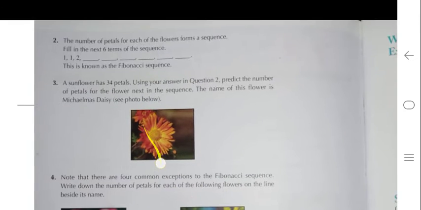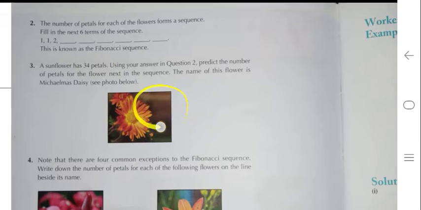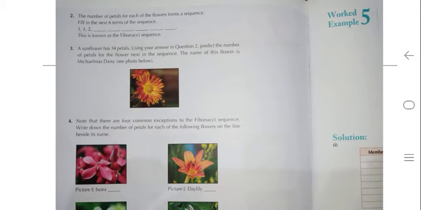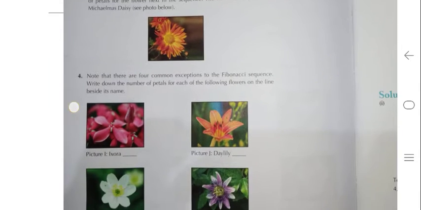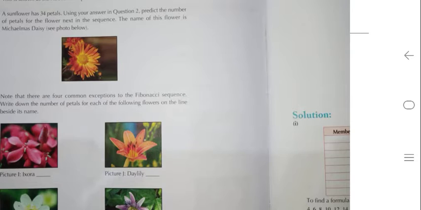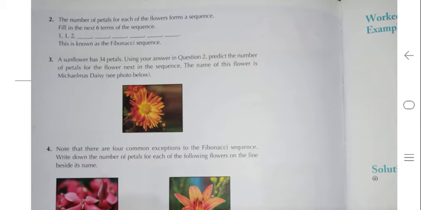By using the Fibonacci sequence, actually we can predict. Maybe you can look at the Fibonacci sequence that I sent you.